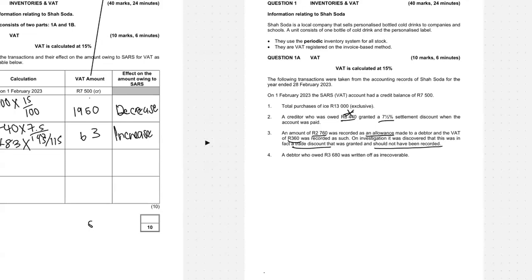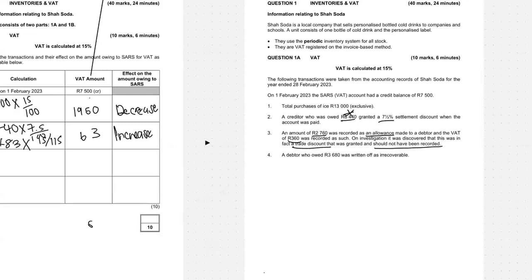That means you're not going to be paying the full amount, you're paying less than the full amount. So that discount should not have been part of the calculation. The 360 should not have been recorded. I don't know if that's making sense. Questions?